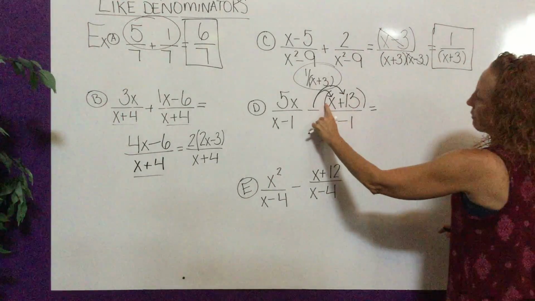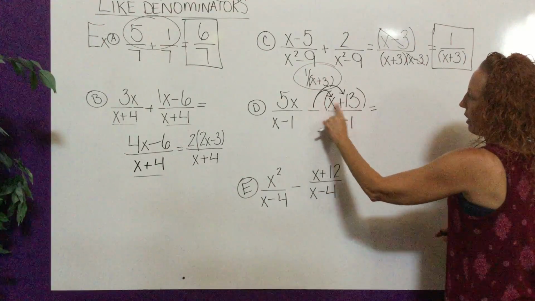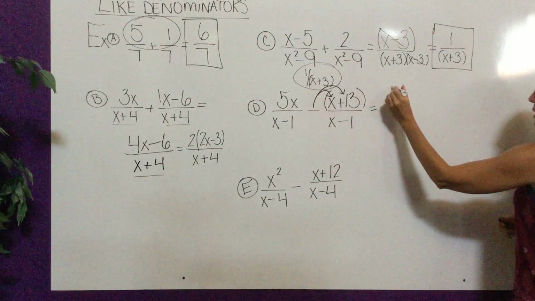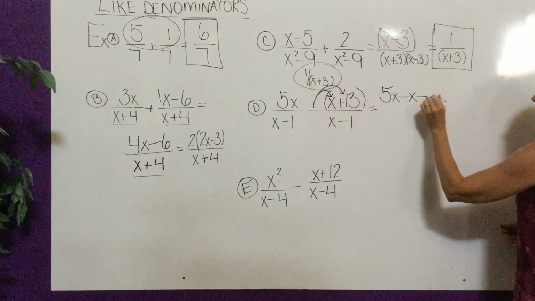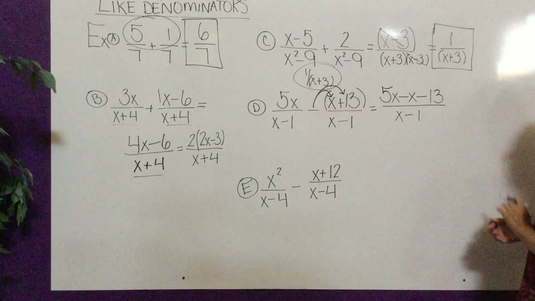And you can go ahead and write those negatives right here. You can erase, you can change this to a positive and change the signs, or you can rewrite the whole thing. It's going to be 5x minus 13 over x minus 1.